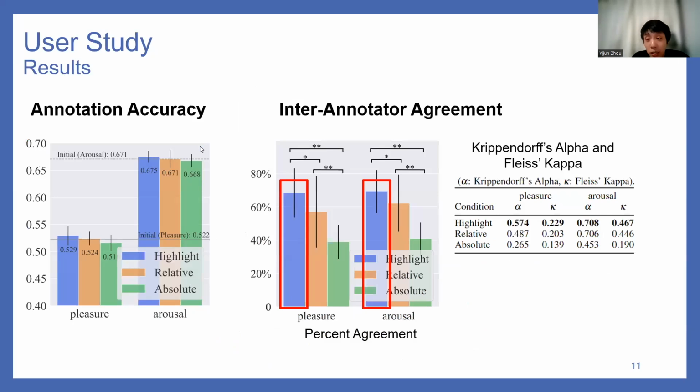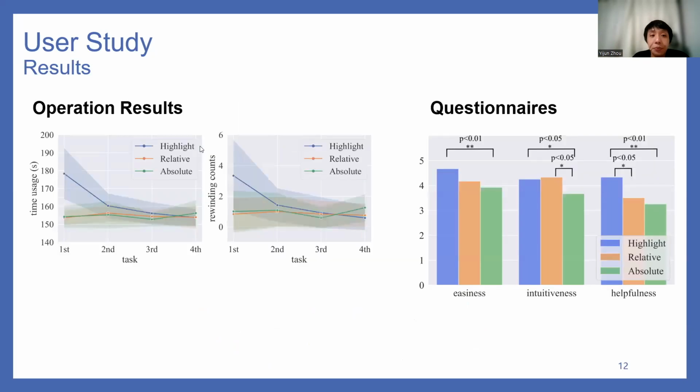As for annotation accuracy, we found that the highlight condition shows the best performance. We measured inter-annotator agreement by three metrics: percent agreement, Krippendorff's alpha, and Fleiss' kappa. We found that the highlight condition shows higher agreement than other conditions.